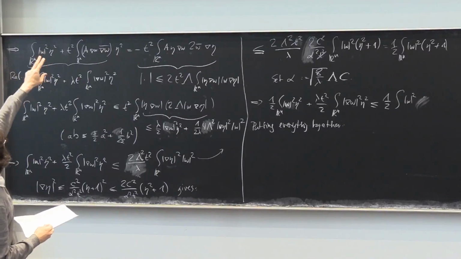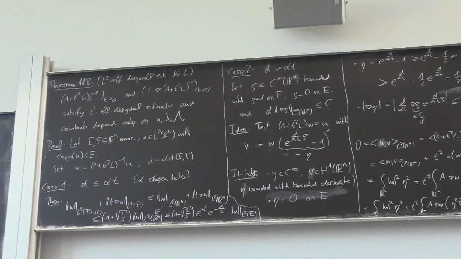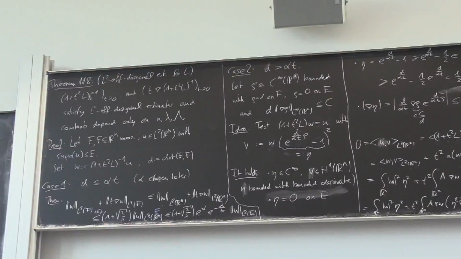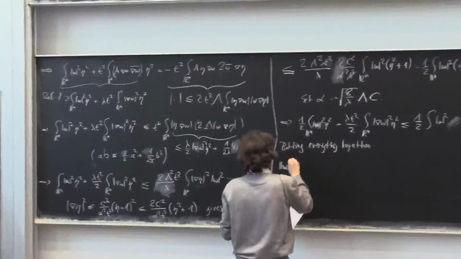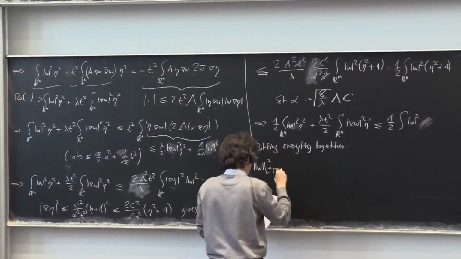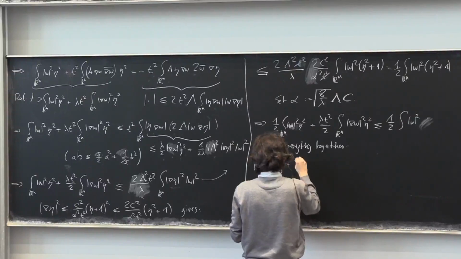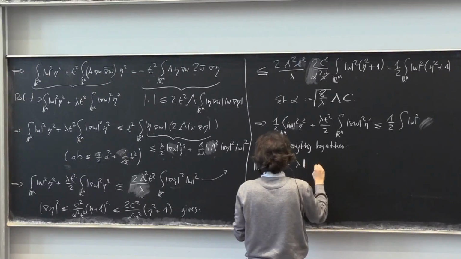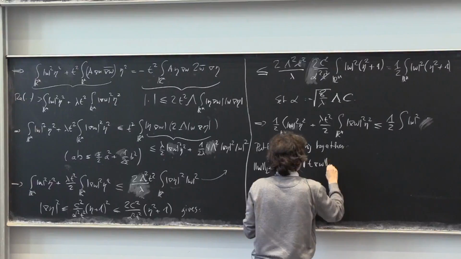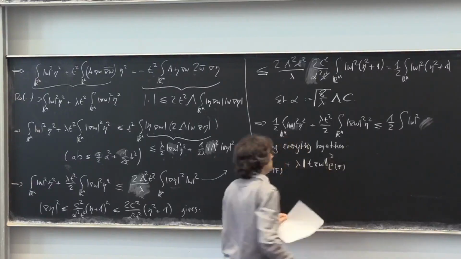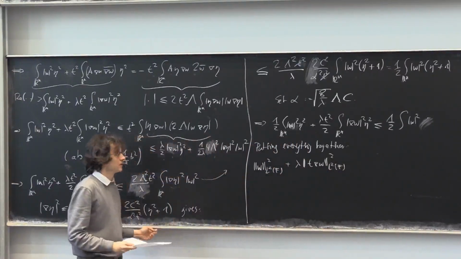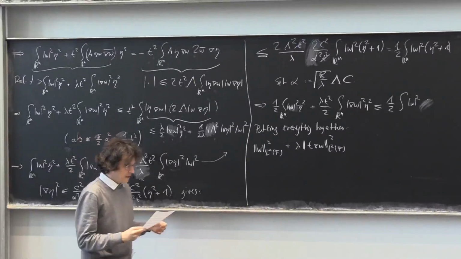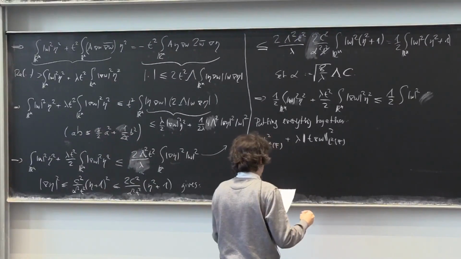So we want to estimate this left-hand side, the L2 norm of w on F plus t times the gradient of w, L2 norm on F. This has to be estimated by the L2 norm of u on E. So let's start from the left side. So w in L2 of F squared plus, okay, and I put a lambda here to make things work, t times the gradient of w, L2 norm on F squared. Now this lambda in the end goes into the constants.